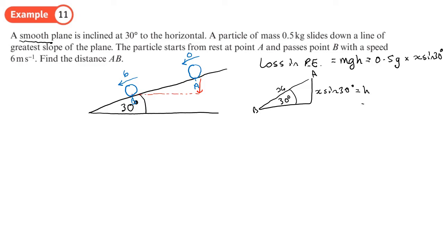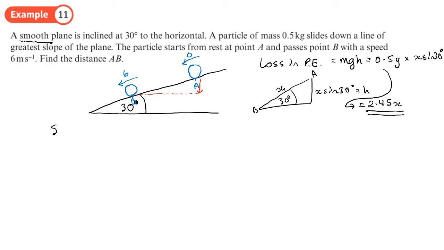So I can tidy that up, and I might leave it in terms of g for the moment. Well, let's see, 0.5 times 9.8 times sine 30 in degrees, and I get 2.45x. So 2.45x is the loss in potential energy.